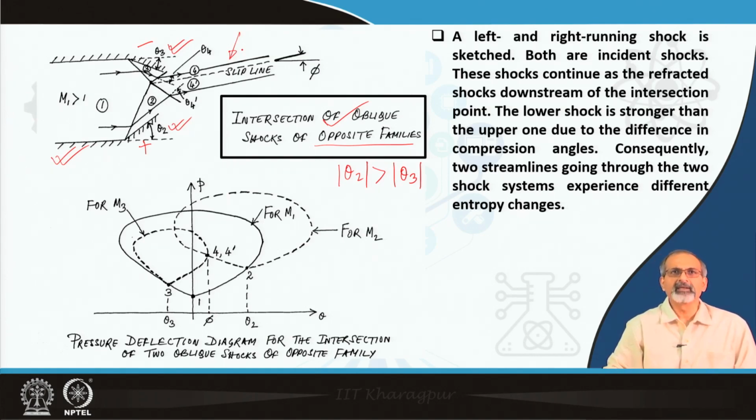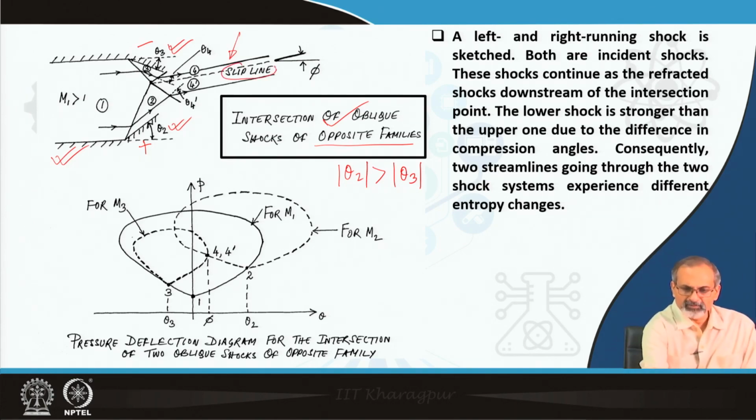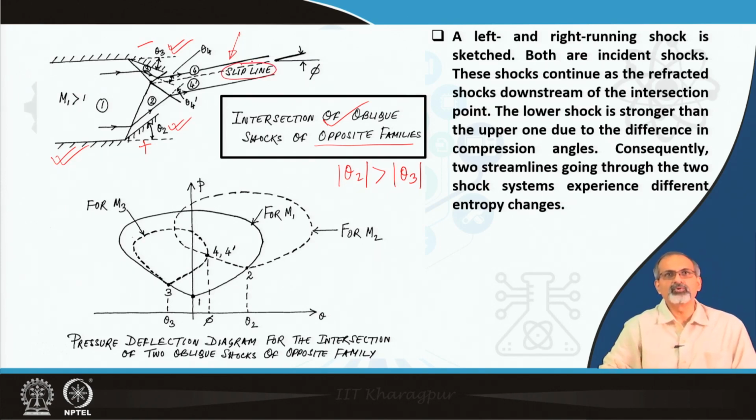You then find that the flow aligns in such a manner that streams joining from the two sides, one from the upper compression and the other from the lower compression side, follow the same direction after the refraction occurs. There seems to be a line over here which segregates the two regions 4 and 4 dash that we have marked, and we will try to explain what is going on there.